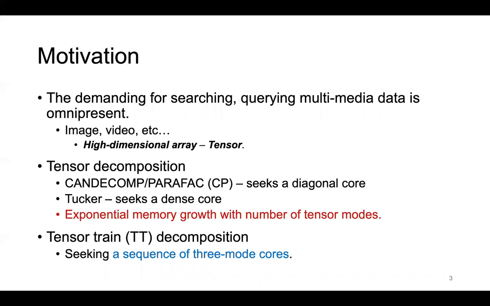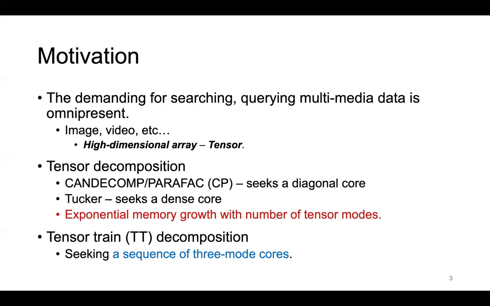So the motivation of our work is that, as we know, the demand for searching and querying multimedia data is everywhere. The multimedia data include image, video, and all of them we can consider as a high-dimensional array, which we can call a tensor.